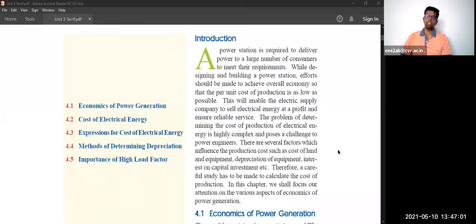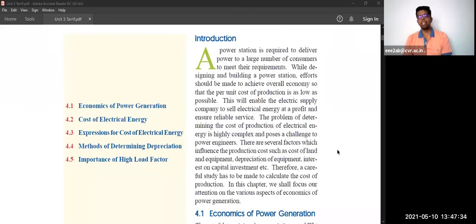In privately owned generating companies, they have to buy acres of land to construct the power station. That might be a very high cost, even if you are buying on the outskirts of a city, the cost may go up.